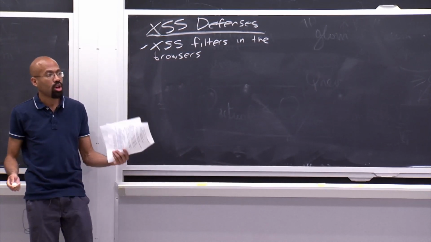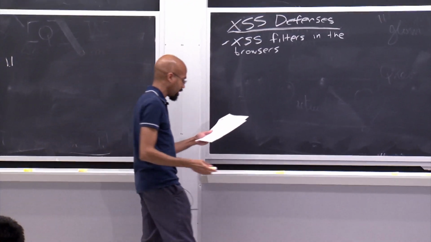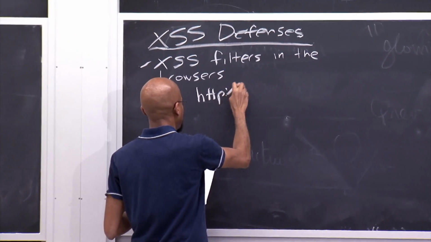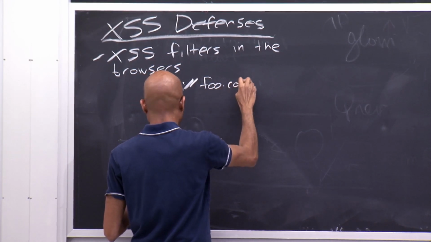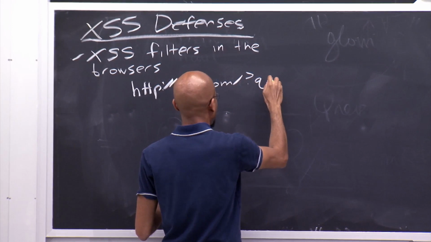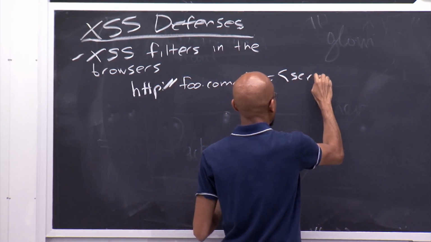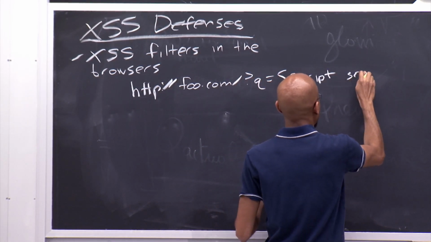And so we actually saw one of those filters in action, and I think that was the third example that we looked at. So if you have some website or some URL that looks like this, foo.com, and then some question mark, and then some query string you're going to submit. Right, this is very similar to the example that I tried third.